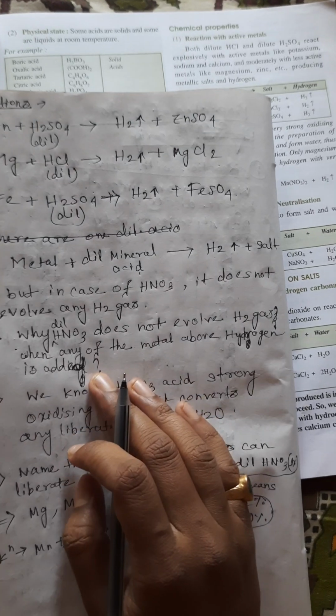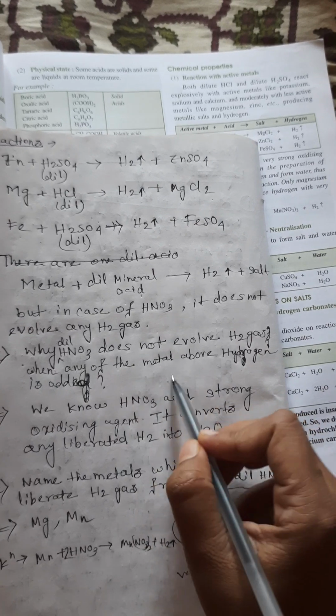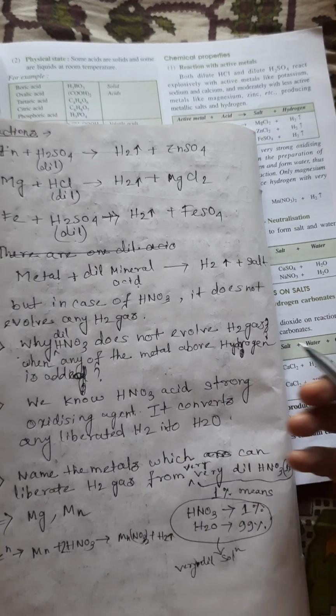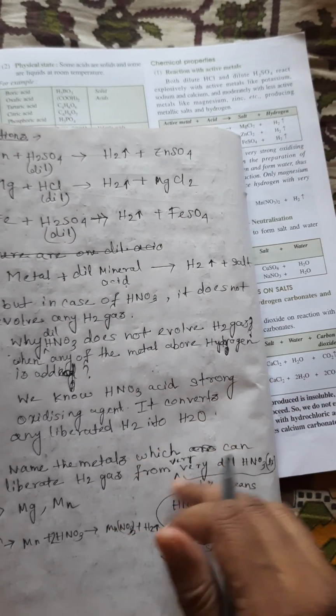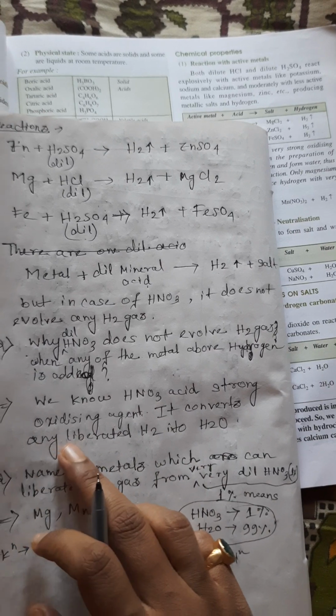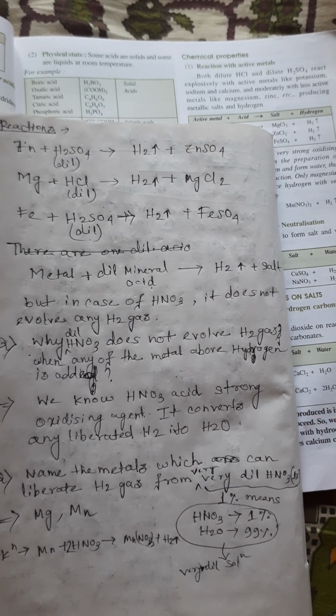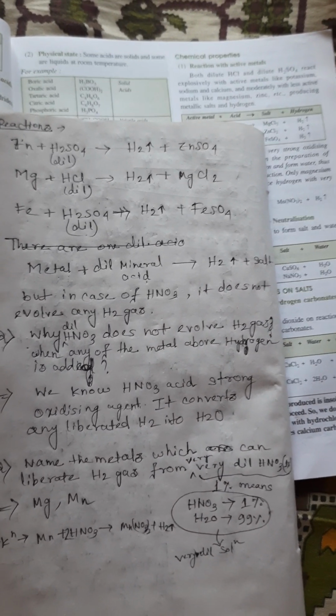Actually, it is not an exception, there is a reason. When any metal above hydrogen is added, nitric acid can never liberate hydrogen gas. Why? Because nitric acid is a very strong oxidizing agent. After oxidation, it converts the liberated hydrogen into water. That's why nitric acid doesn't evolve hydrogen gas when it reacts with any active metal.